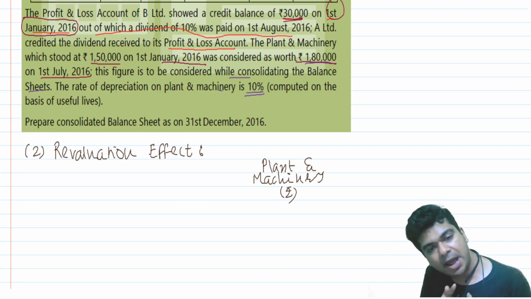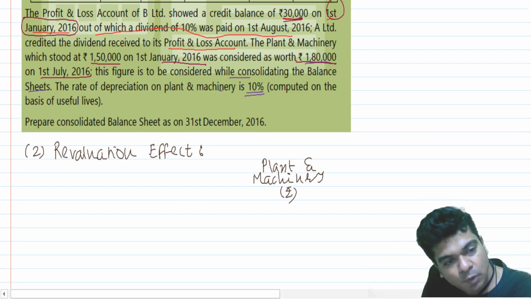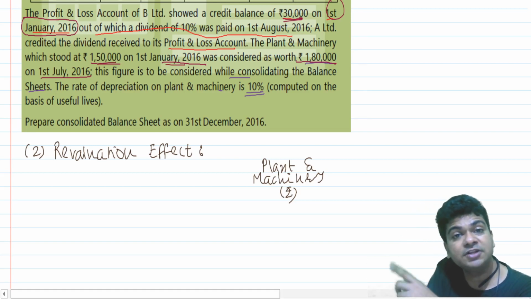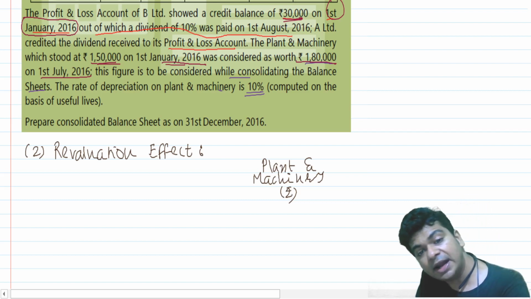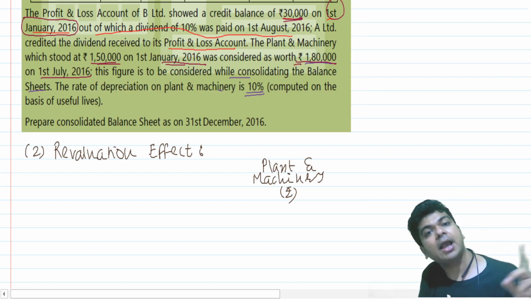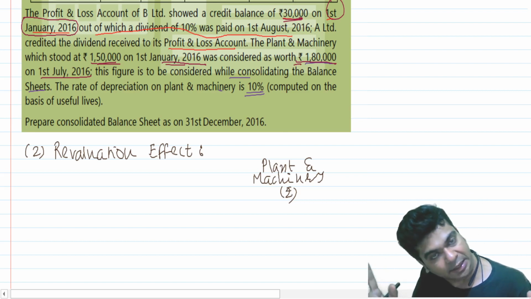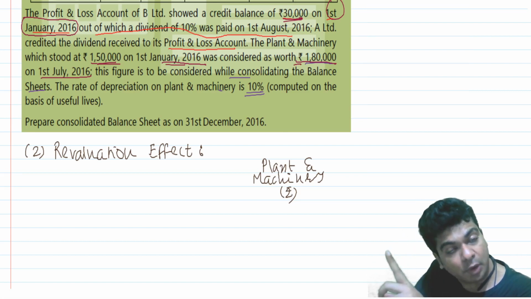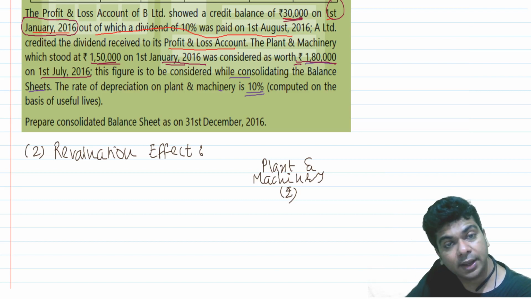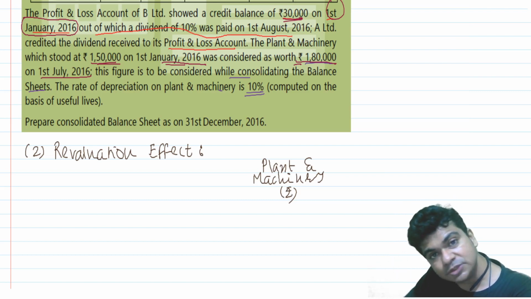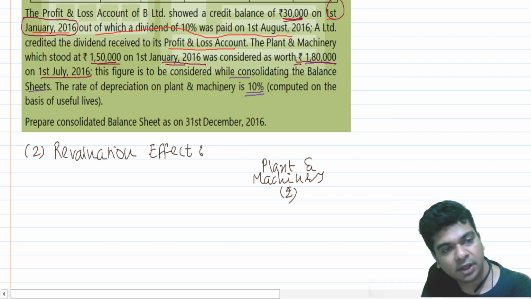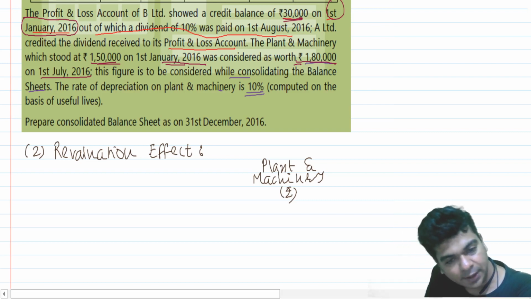Only then they are comparable. They are giving you 1,50,000, but 1,50,000 is on 1st Jan 2016, while 1,80,000 is on 1st July. I can't compare 1,50,000 with 1,80,000. Book value is on 1st January, while the revaluation is on 1st July. I require book value also on the date of revaluation, which is 1st July. So that's how the effect will be given over here.